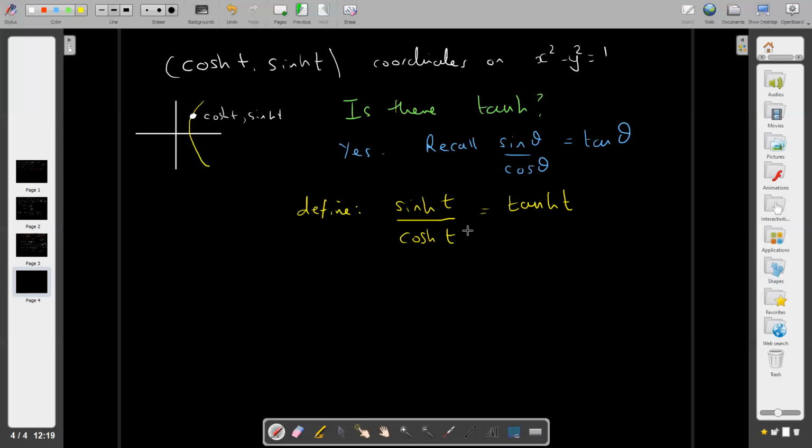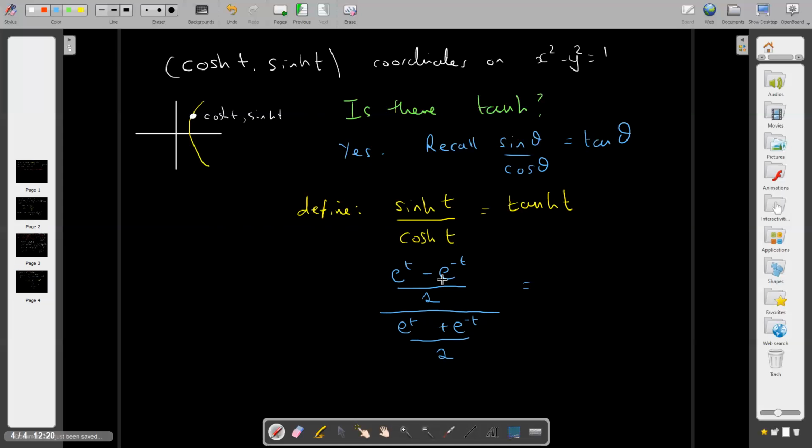So can we write this in terms of exponentials as we did before? Well, yeah, we're just going to plug the things in, haven't we? Let's plug in hyperbolic sine, which would be e to the t minus e to the minus t, all divided by 2, divided by e to the t plus e to the minus t, all divided by 2.